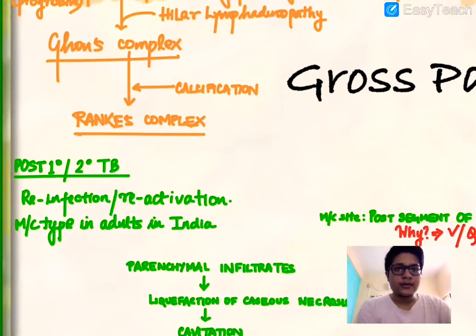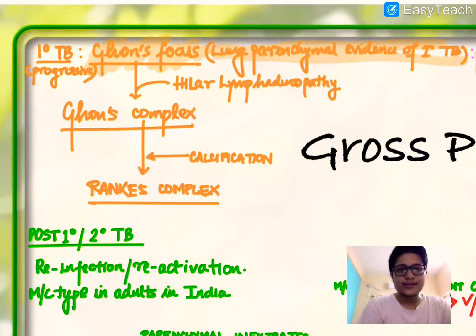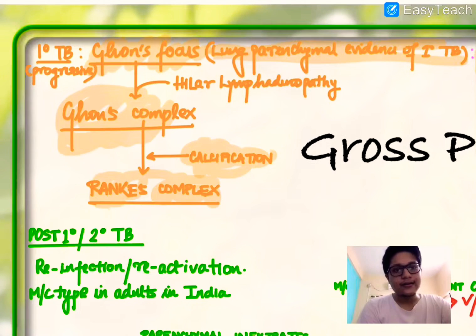When you add the presence of hilar lymphadenopathy, the summation is called a Ghon complex, and once calcification has set in, we call it the Ranke's complex.